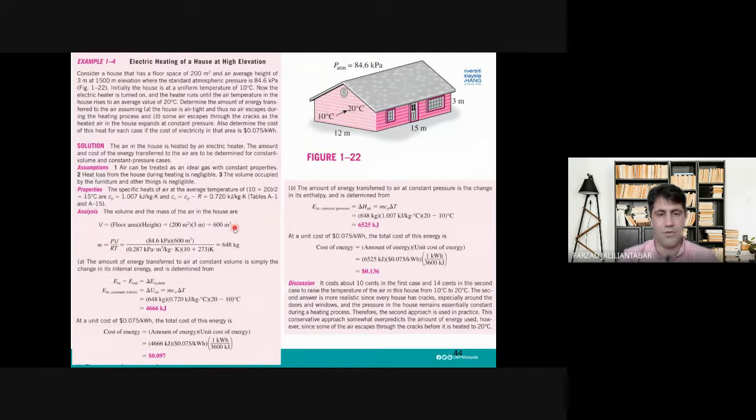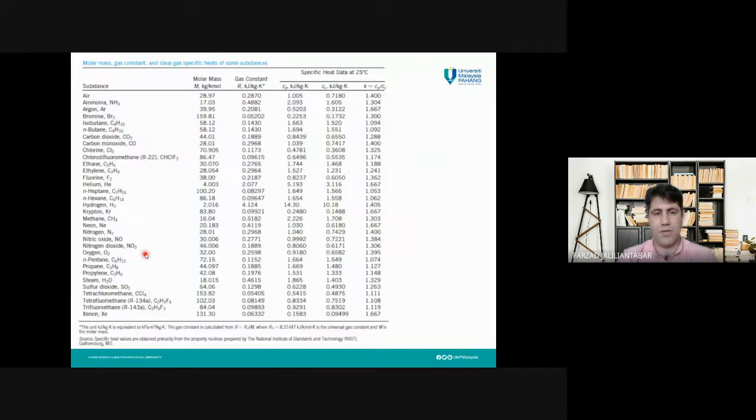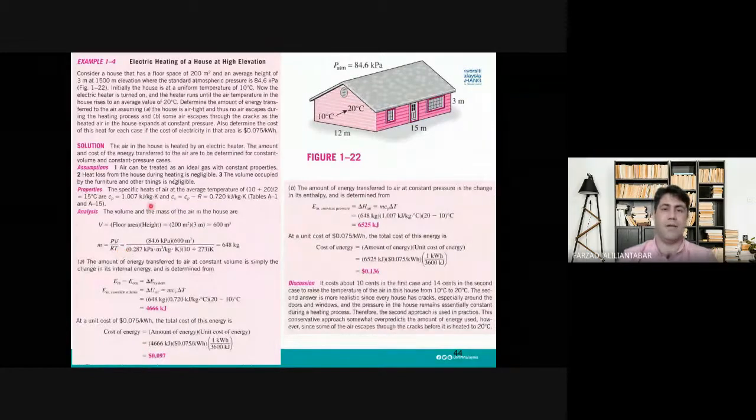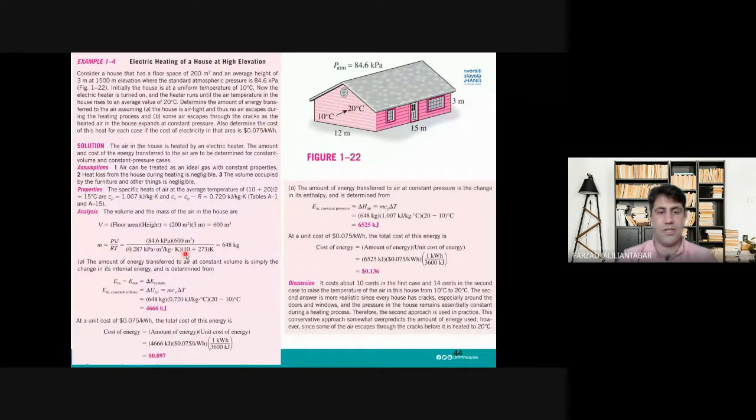All of them are given. P is the pressure, which is given, 84.66 kilopascal. R from the table for gas at this temperature, and T, or temperature of the gas here, which is 10.